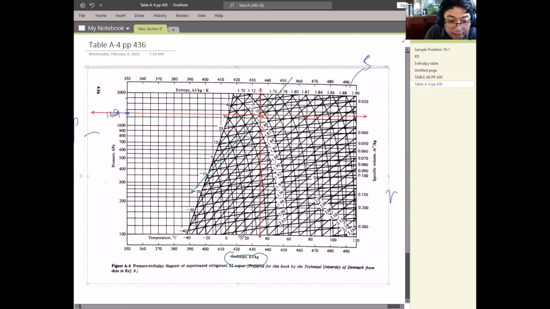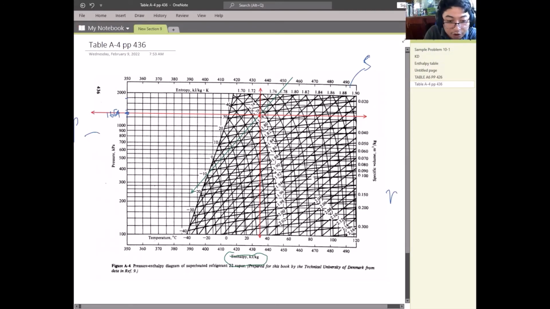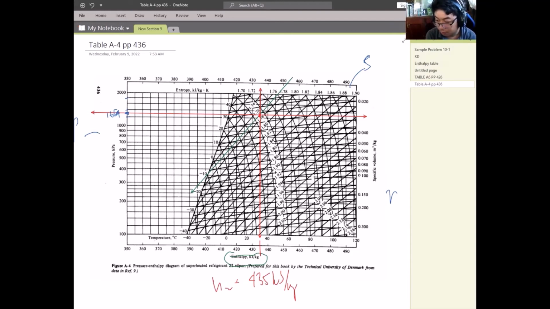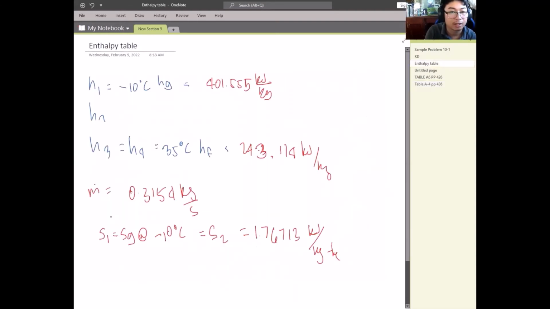Plotting into our enthalpy, that is about 435 kilojoules per kilogram. That will be our h2 on the superheated side. Let's write that in our list: 435 kilojoules per kilogram.